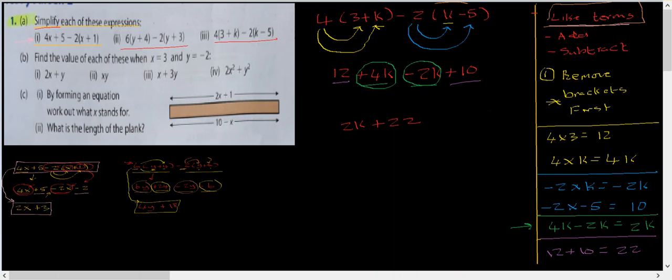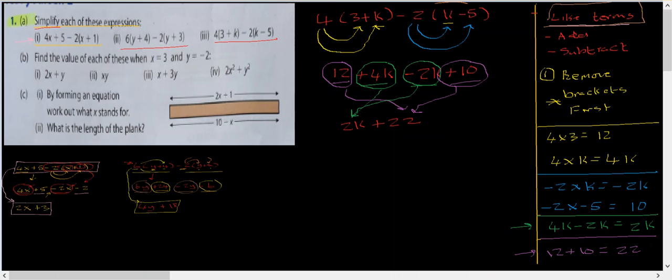We have taken these like terms and added them up, and then we've brought them down. So these two here become this, and these two here become this.